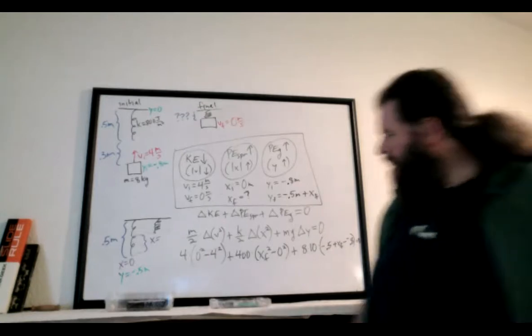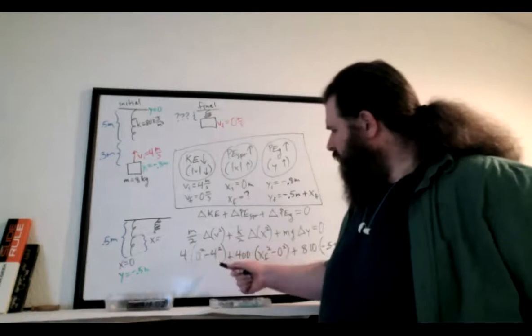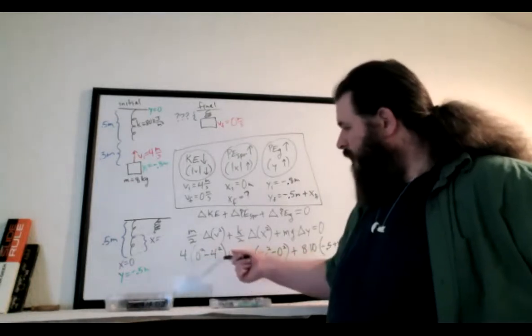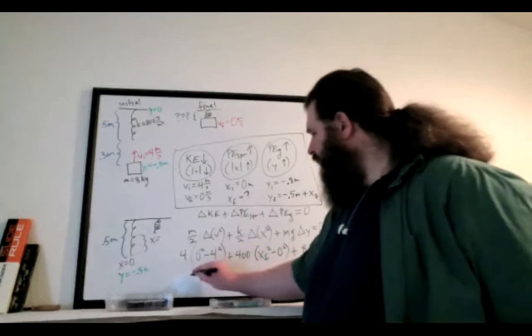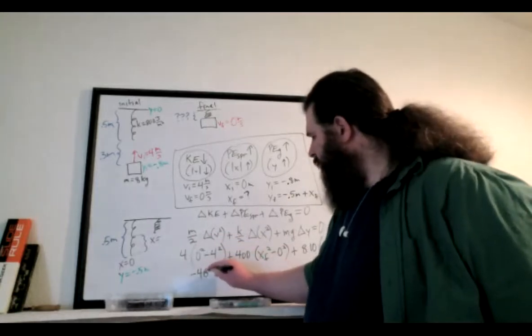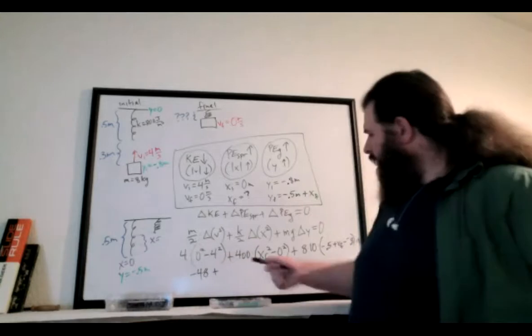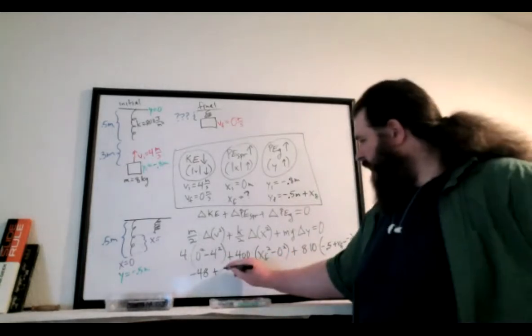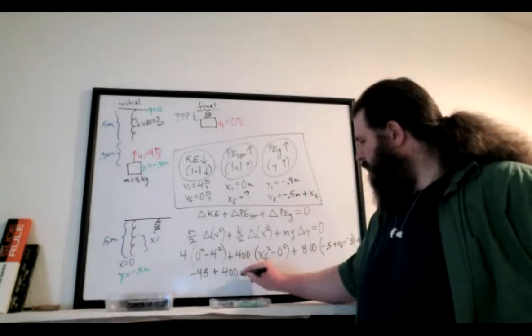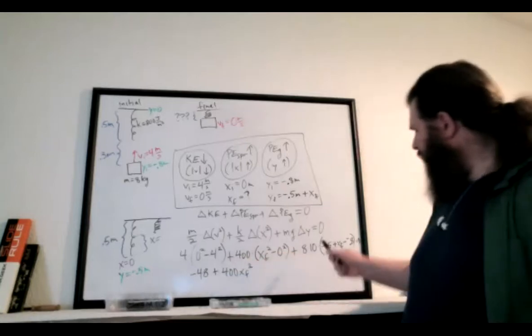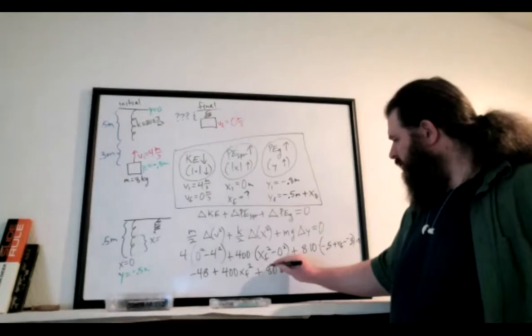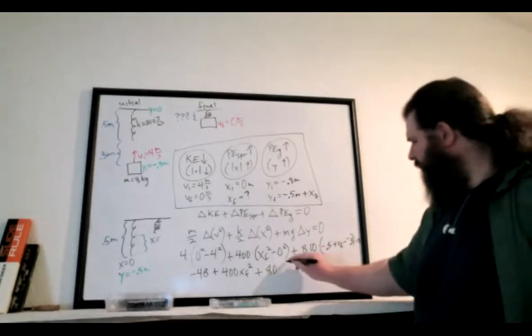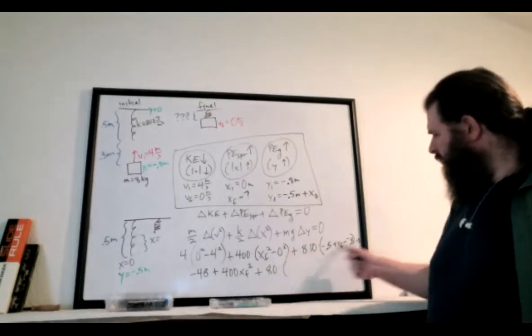So if we simplify this, we got 4 times 0 squared minus 4 squared becomes 0 minus 16. So 4 times negative 16 would be negative 48. Then we got 400 times x final squared. And then 80, from 8 times 10, multiplied by, what can we combine here?